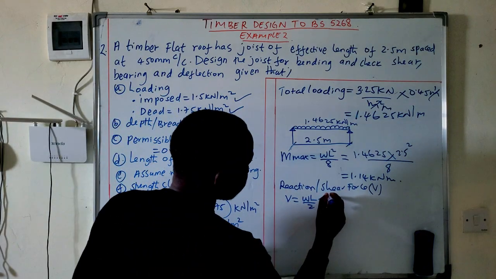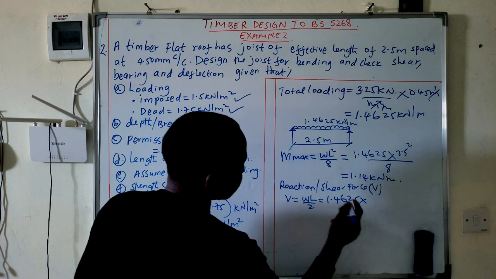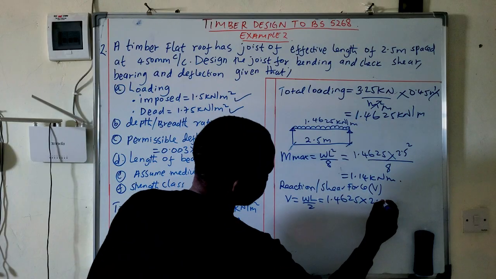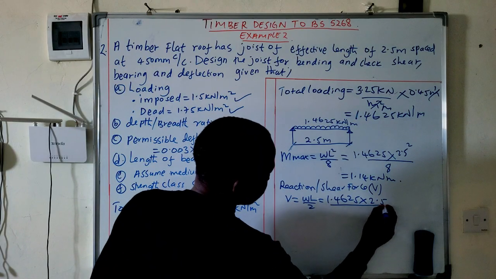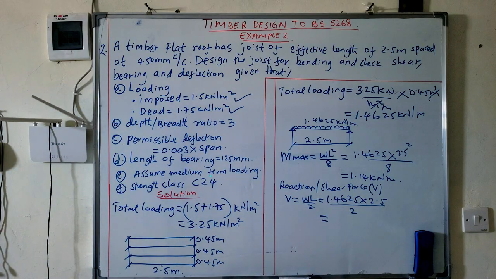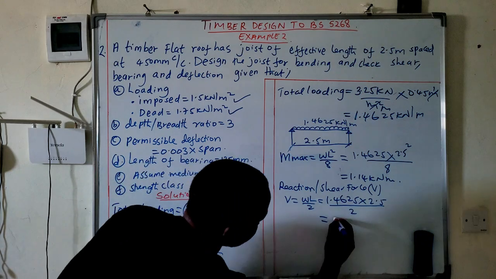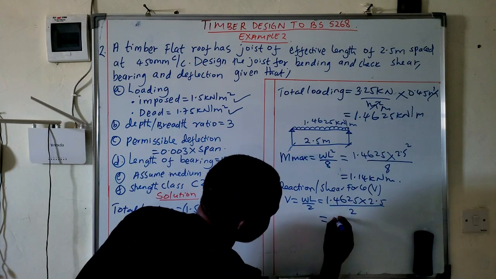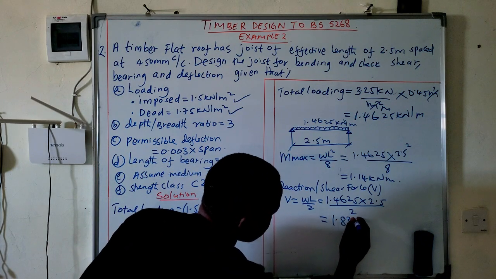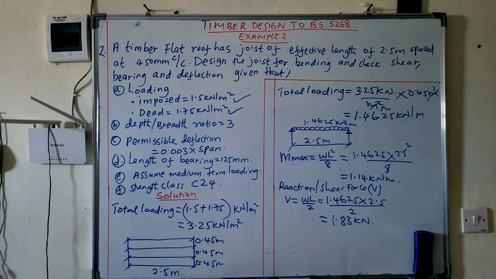So that is 1.4625 times L, 2.5, over 2. So the answer is 1.831 kilonewton.